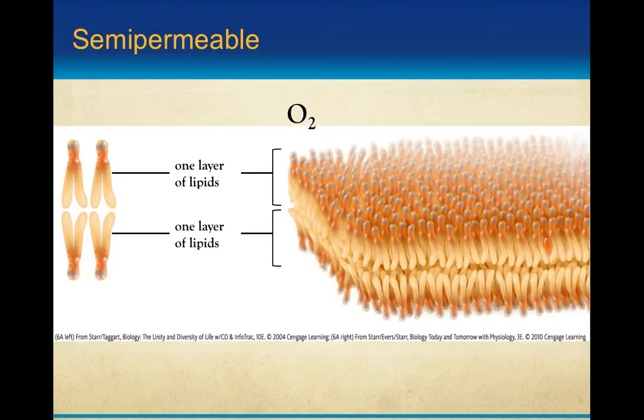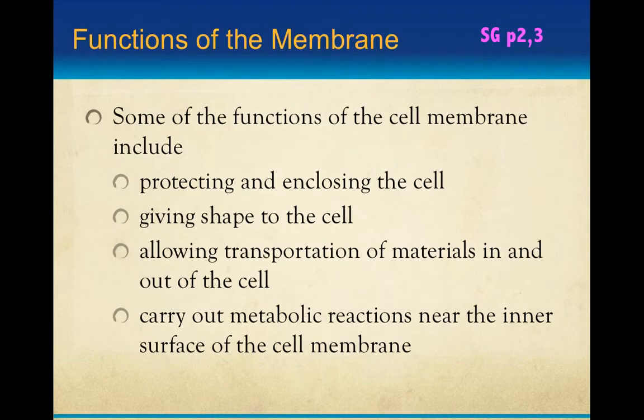One thing that can pass through easily is oxygen. It can diffuse right through. But a bigger molecule like sugar is not going to go through. It's selectively permeable. It's semi-permeable. Some things can pass right through, others can't.